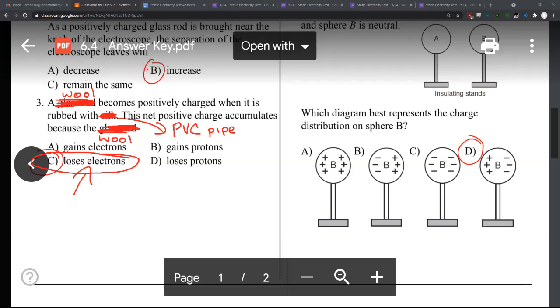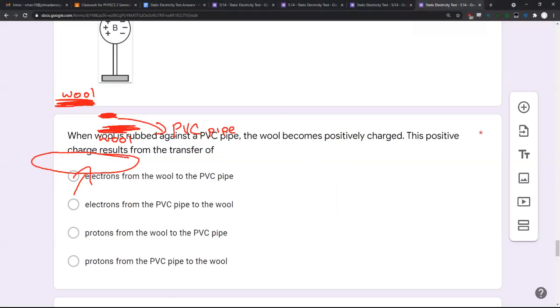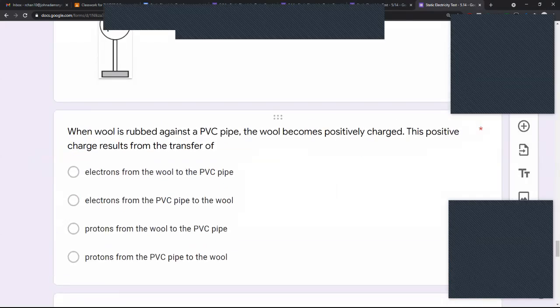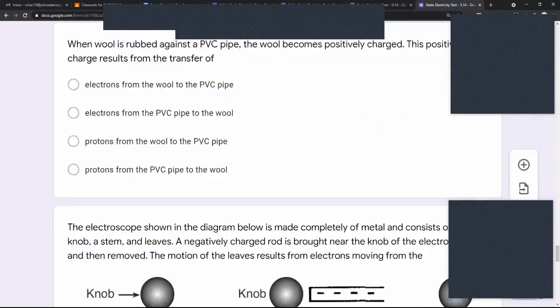I changed the wording of the answer choice, but the answer choices still say the same thing: lose electrons, transfer electrons from the wool to the PVC pipe. So they were the same question. Are there any questions about my explanation, your understanding about question number 9?